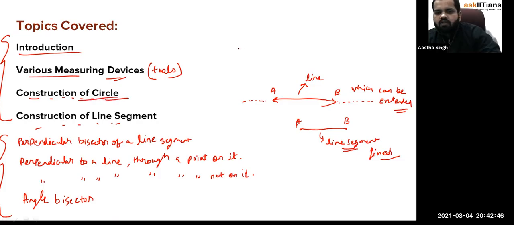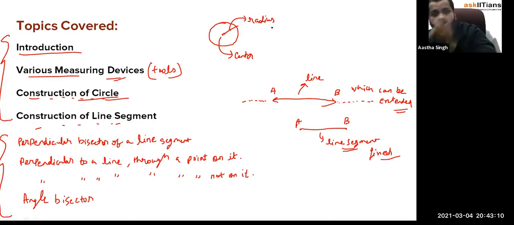Construction of a circle. What is a circle? A circle is basically an enclosed shape with a fixed center and a fixed distance from it. That distance is the fixed radius. You know the shapes of a circle you usually see in your home, for example, the wall clock is in the shape of a circle.